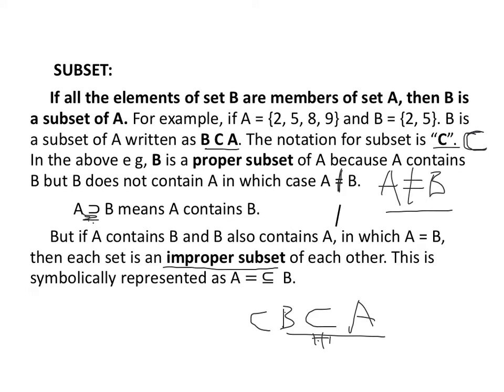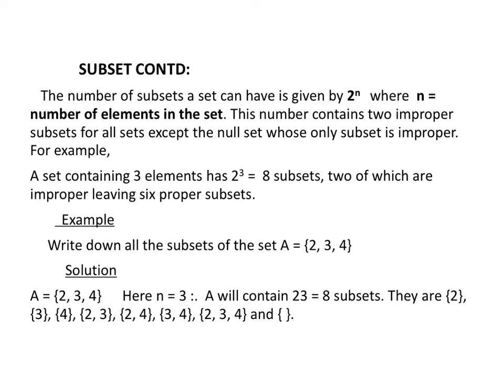This is symbolically represented as A, sorry, this is not supposed to be here. It's supposed to be A is a subset and equal to B. That is this symbol. If you remember when we were talking about symbols, we saw this symbol and it means subset of and equal to.